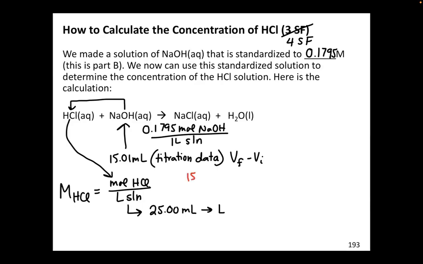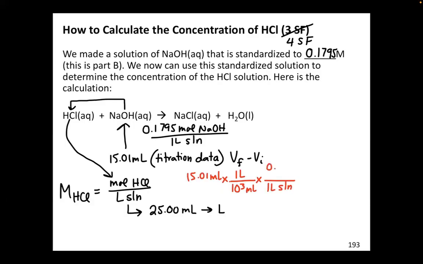We have 15.01 mL, or rather, we need to convert that to liters, 1,000 mL for every 1 liter. Then we're going to multiply it by the molarity, 1 liter of this solution.